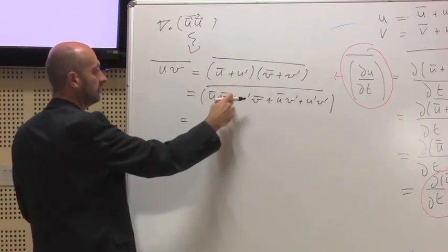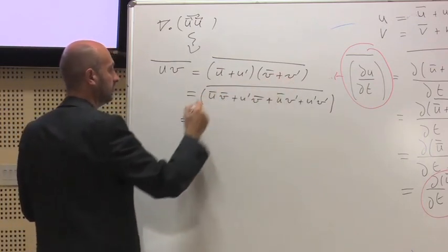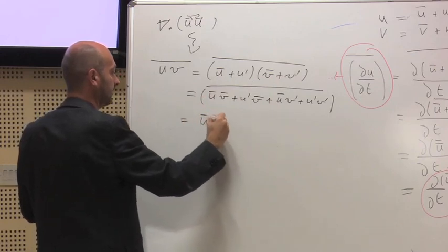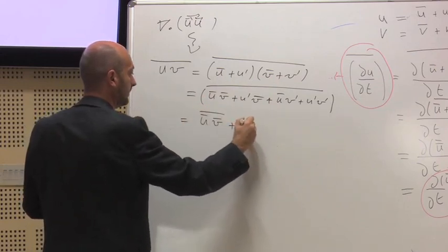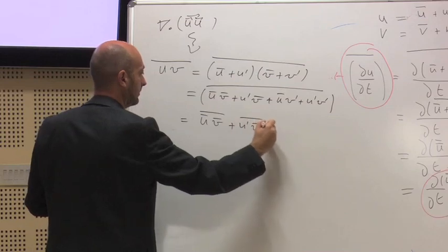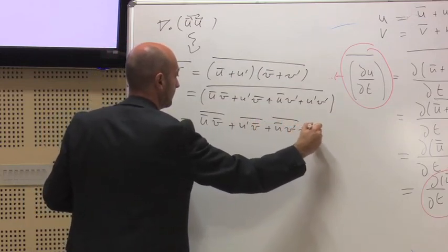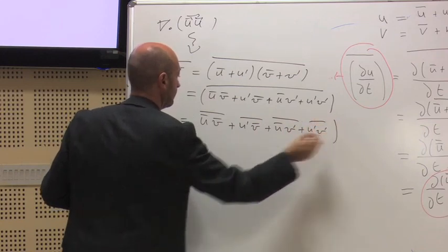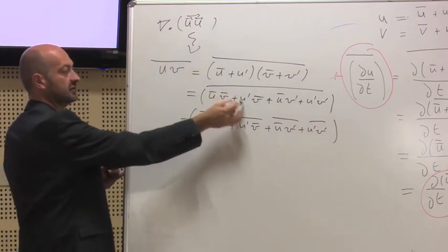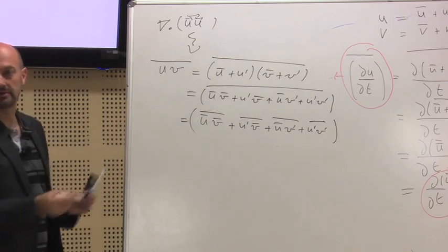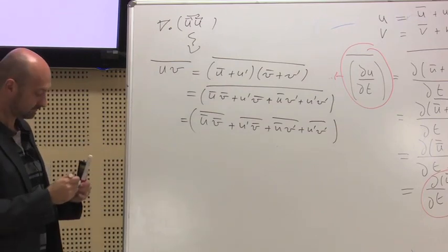So I can cut the bar, so it's the average of u bar v bar, and so on, because the average of the sum is the sum of the averages.